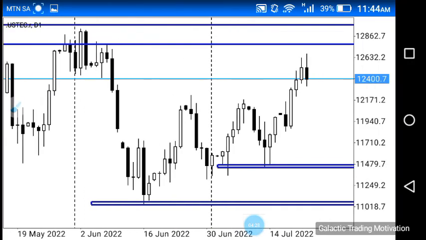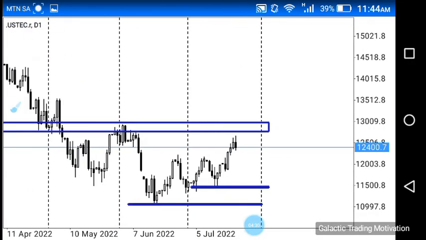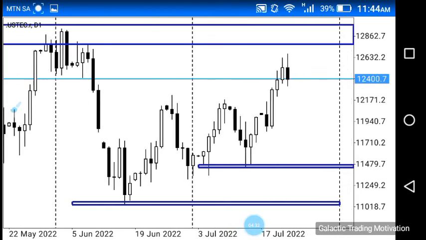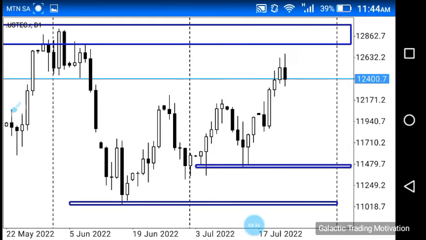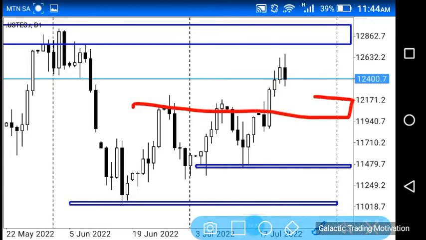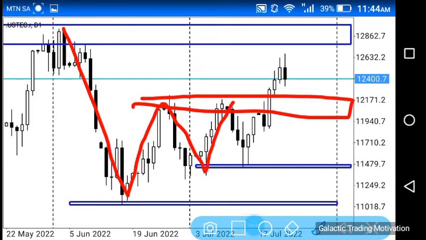Let me just repeat that, just in case I was too quick. So what I'm saying is that, number one, we have in this region a level of support, right? And it's also the neckline of this overextended W structure that I spoke about. And we can also see that the neckline was broken at this point, and that price still has to come down to the neckline to retest it and possibly push further up, right?